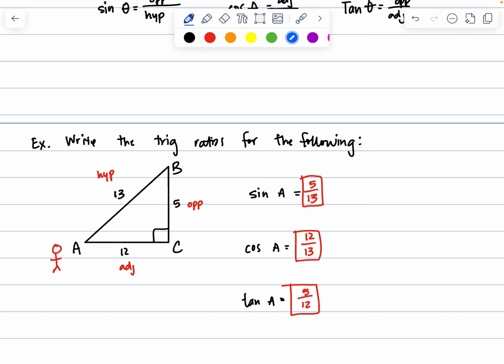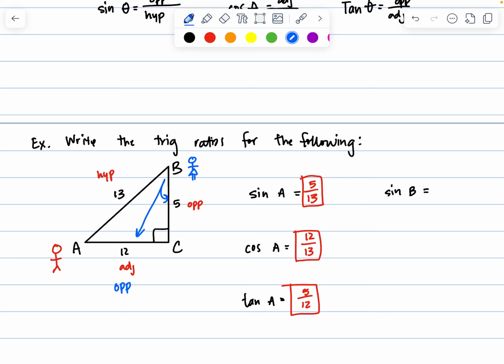Now what happens if I said, write the trig ratio for sine of B? So sine of B is a different person. I'm going to put this person in a dress just to change it up. This is their perspective. So this changes and says that now the 12 is the opposite side. Okay?